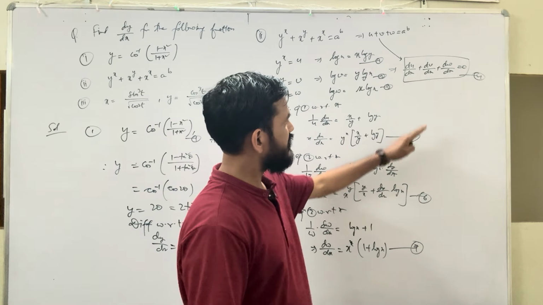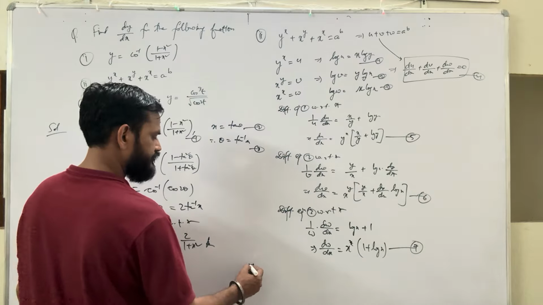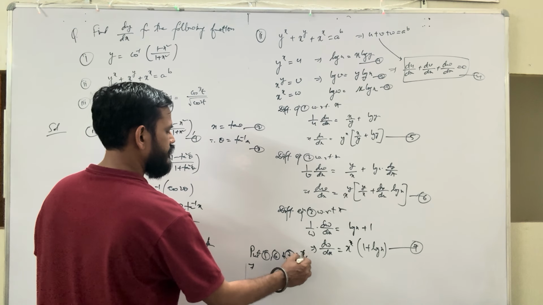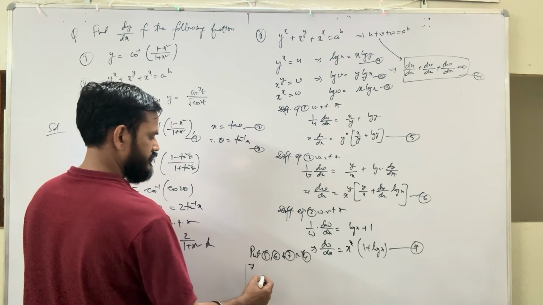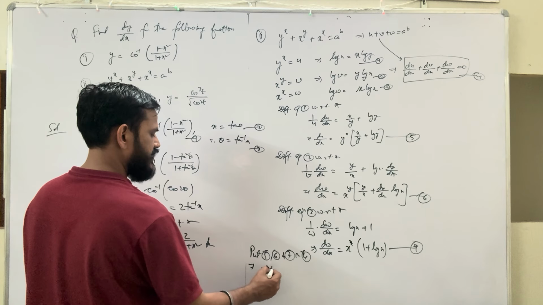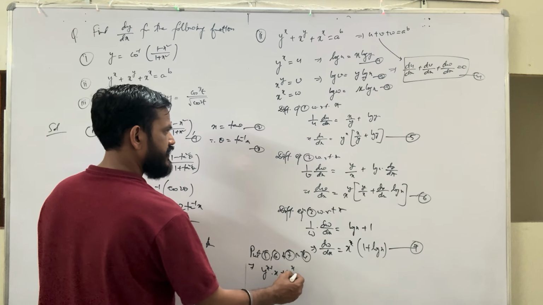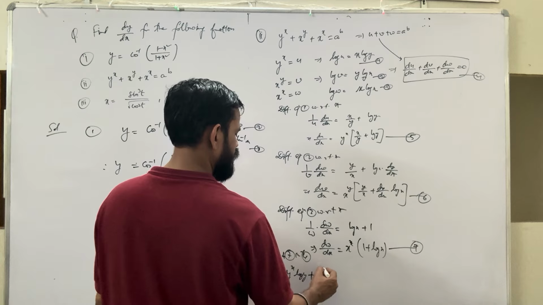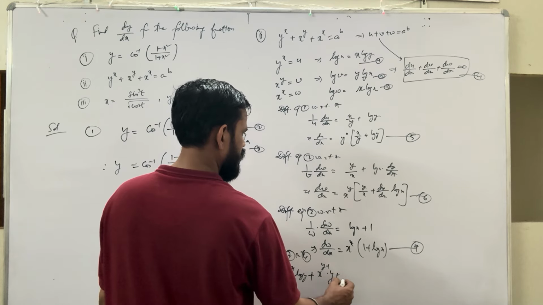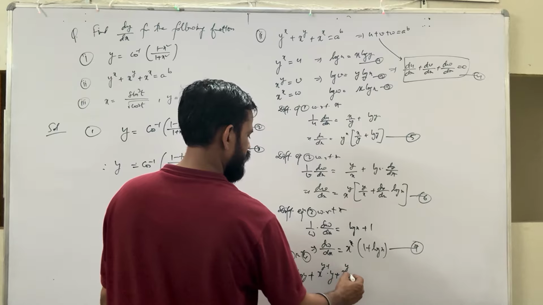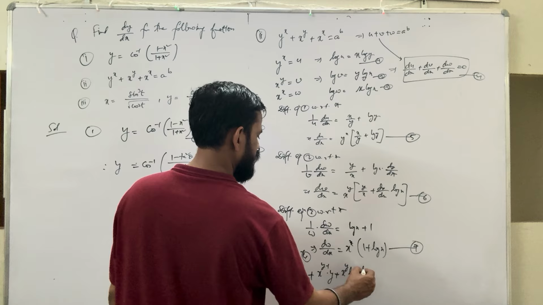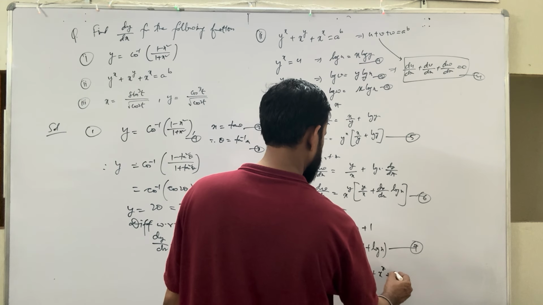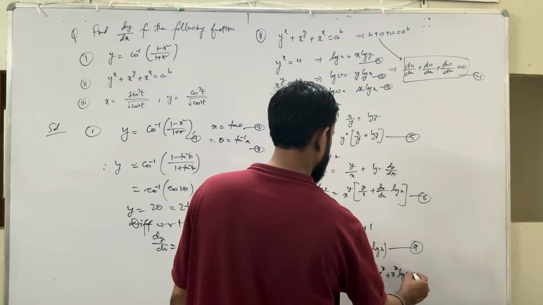So we'll put 5, 6, 7 in 4, and we get y to the power x minus 1 into x, y to the power x log y, plus, if you multiply, x will get cancelled, you have x to the power y minus 1 into y plus x to the power y log x into dy by dx plus x to the power x to the power x log x equal to 0.